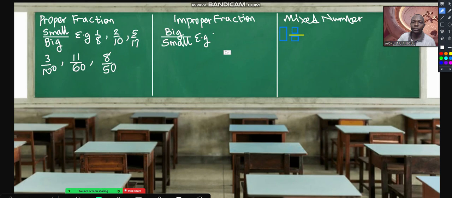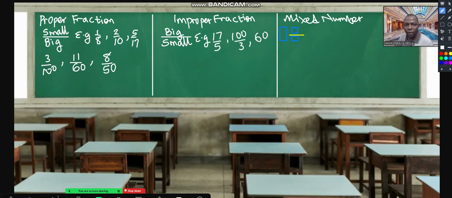But I can use 17/5 because if I divide it, it will leave a remainder. I can use 100/3. I can use 60/11. And I can use 50/8 and so on.